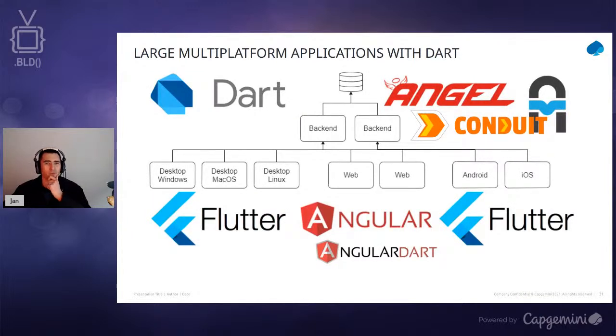What if we built the whole thing in Dart? So since Dart 2.12, you had null safety in the language as well. The only issue with Dart is that the backend frameworks are all kind of abandoned. So Angel, Conduit, these other ones are not really maintained anymore.